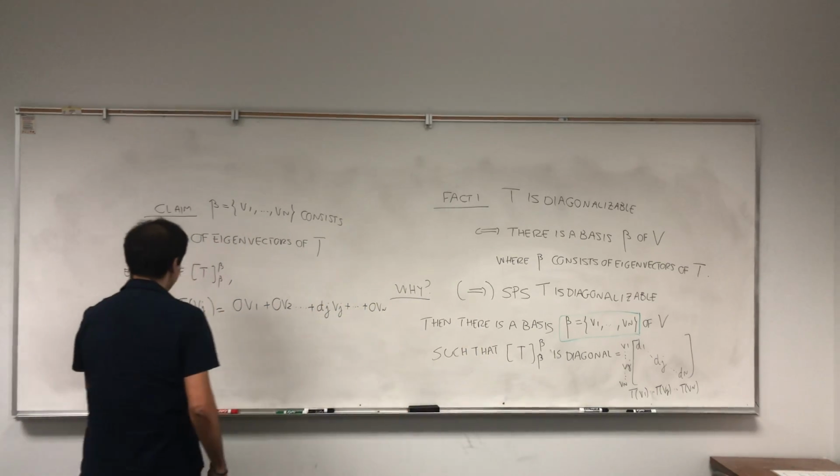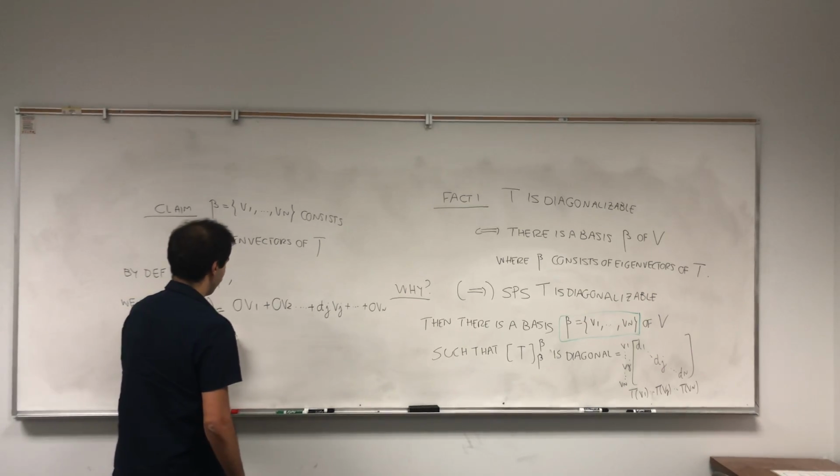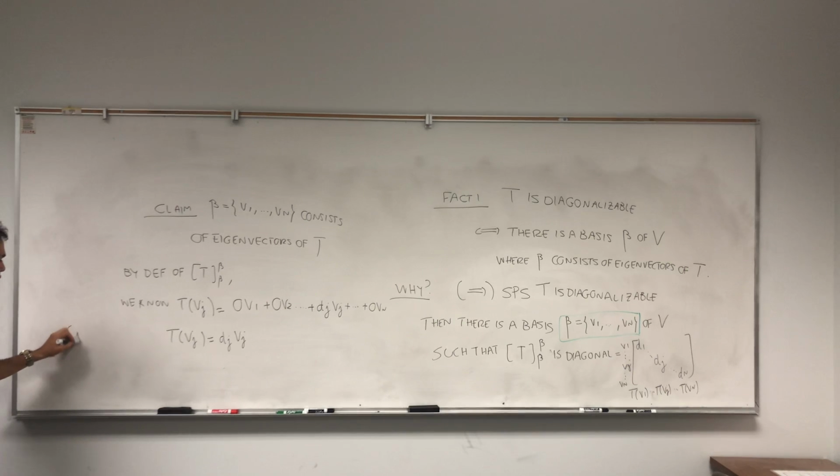In other words, T of vj equals dj vj, and j is from 1 up to n.